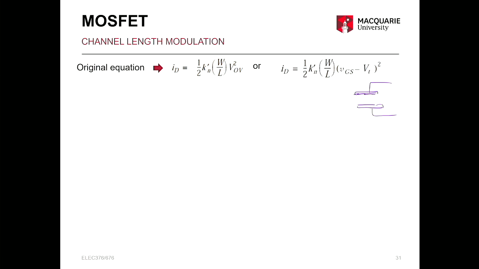So that is how the current flows. It tunnels from the edge of this channel to the drain really quickly. Any other questions?